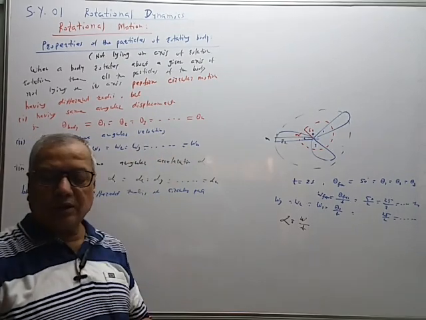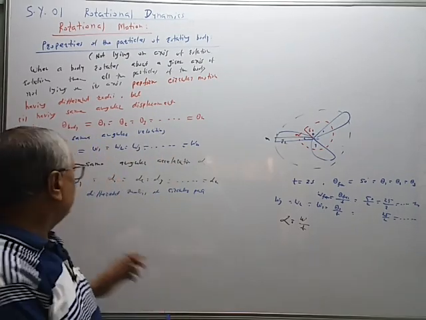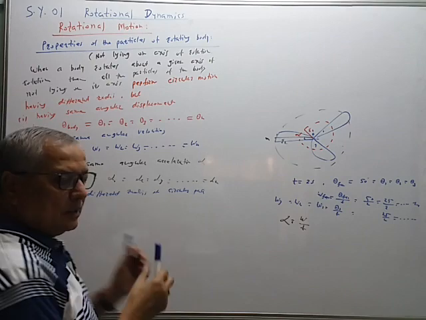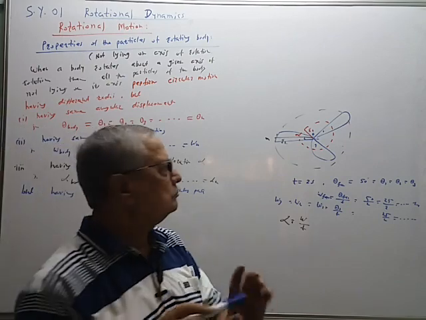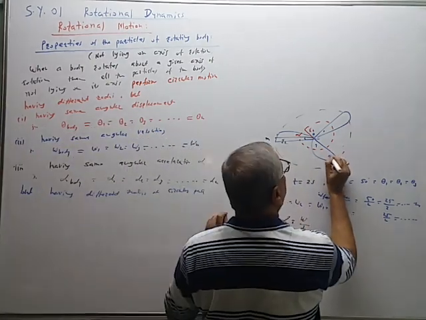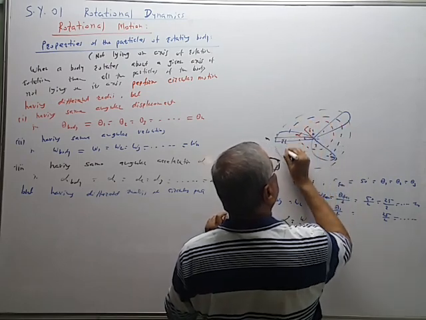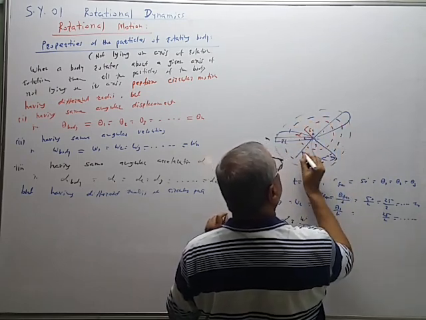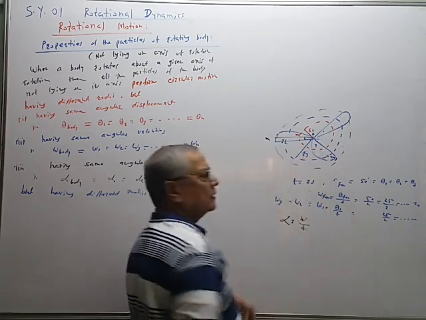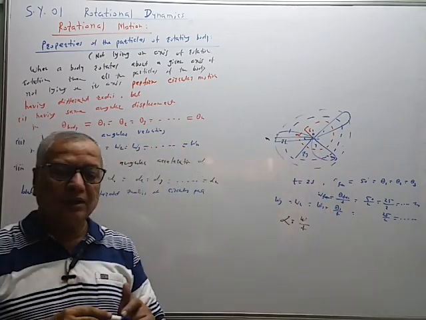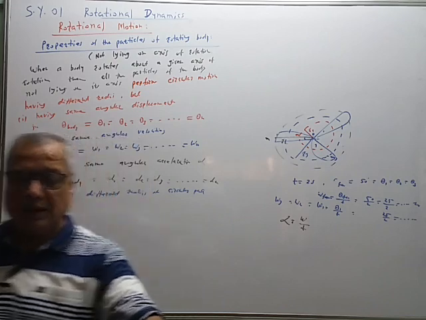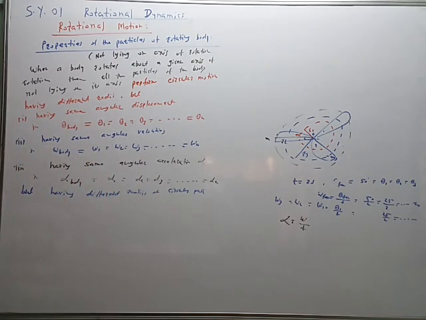So R1 and R2 are different like this. Now, if we consider this third particle of mass M3 here, then it will perform circular motion having radius R3 like this. So see in this figure, R1, R2, R3 are different. They have different values of radii.